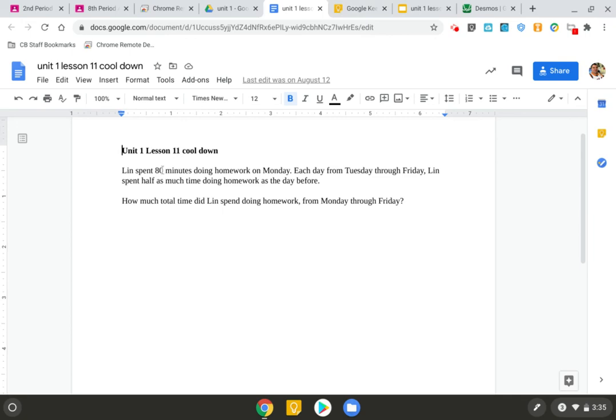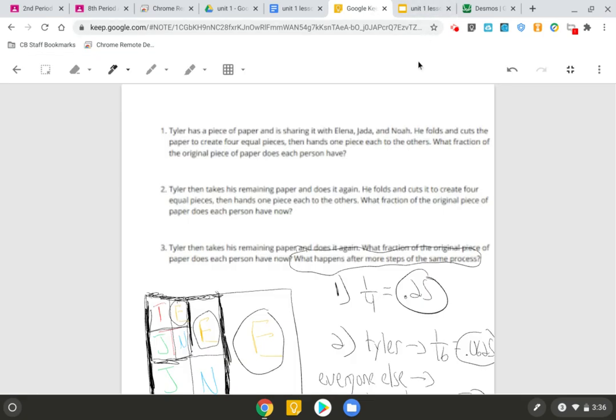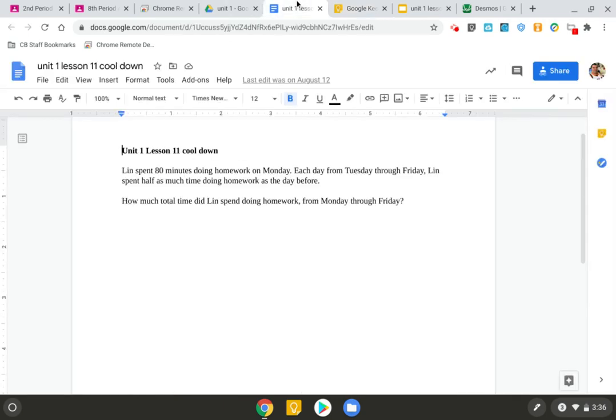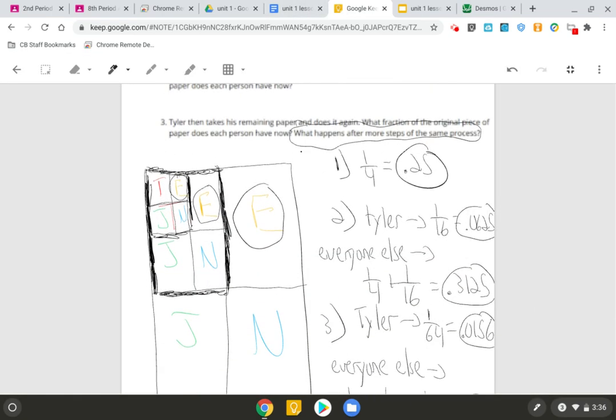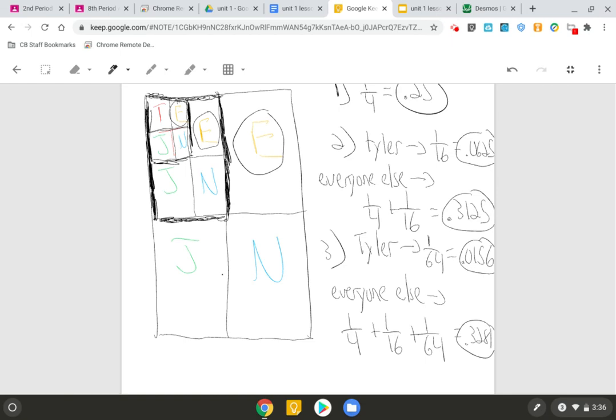So in this case, Lynn was doing less and less homework each day, half as much as the day before. Whereas in this particular case, Elena, Jada, and Noah were getting more paper, but the amount of paper they were getting each time was decreasing.